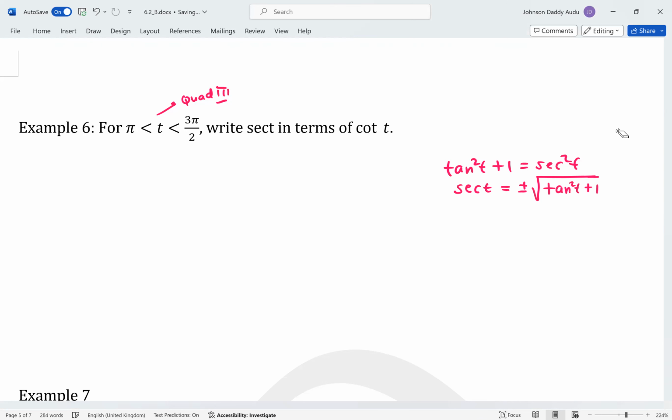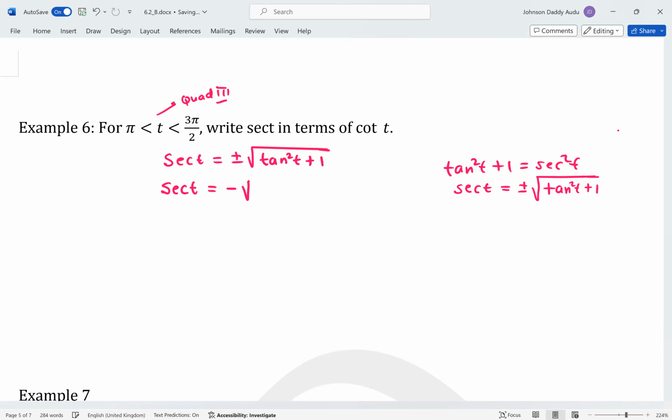So now we have to use the quadrant. We have sec t is plus or minus the square root of tan squared t plus 1. But since we are in the third quadrant, we know that sec is negative.